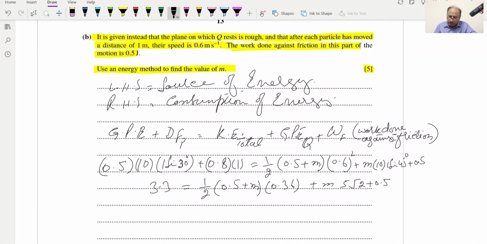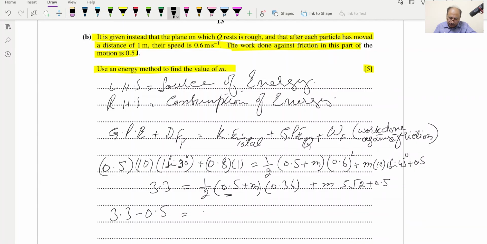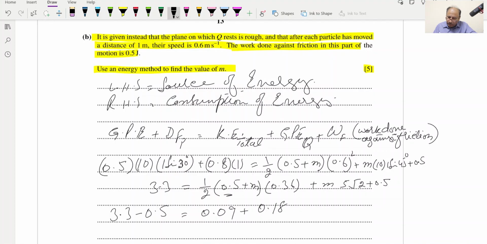Plus 0.5. Now we can shift this constant, which is 0.5, to the other side, and we get 3.3 minus 0.5 is equal to 0.5 multiplied by 0.36, which is 0.09, and now we multiply m by this one, so plus 0.5 into 0.36, which is 0.18 m, plus 5 under root 2 m.